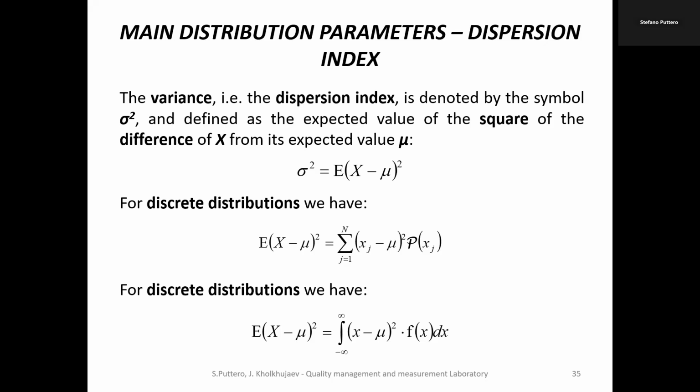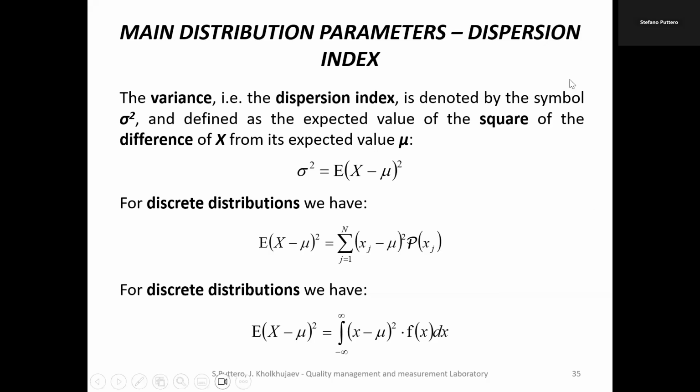But what is mu? Mu is the expected value of X, okay? So the variance, the sigma squared, is defined as the expected value of the square of the difference of uppercase X from its expected value mu.